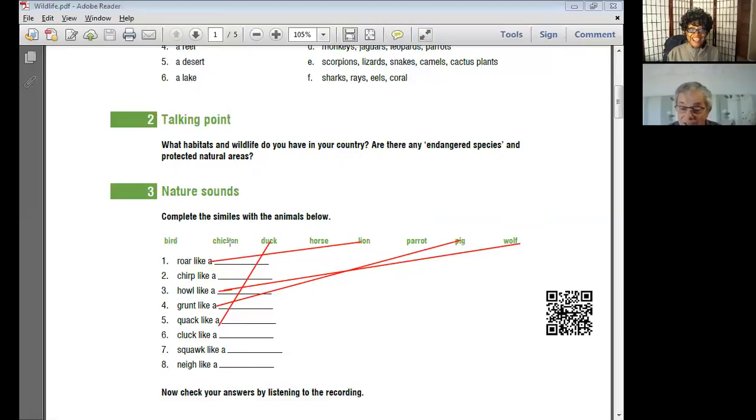Cluck like a chicken. And squawk like something that imitates sound, like a parrot. Yes. Like a parrot. And neigh like a... I don't know what it is. No.